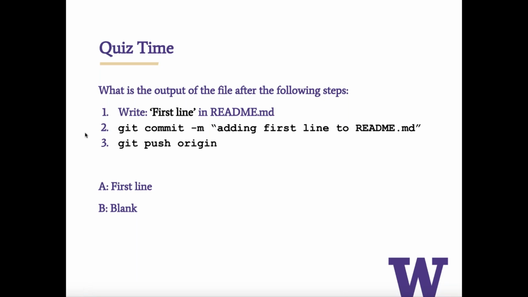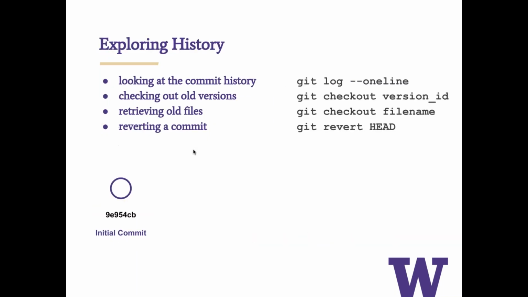So then git commit and git push, although these commands worked, they didn't really take into account this change. So the document remained empty. So basically remember too that if you have a new change, you have to add and commit and push. So blank is the answer.